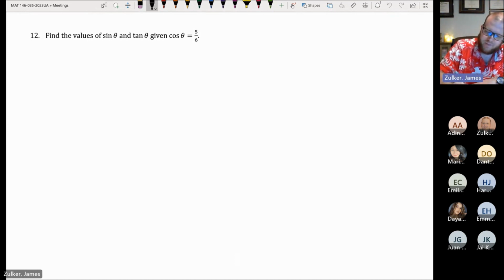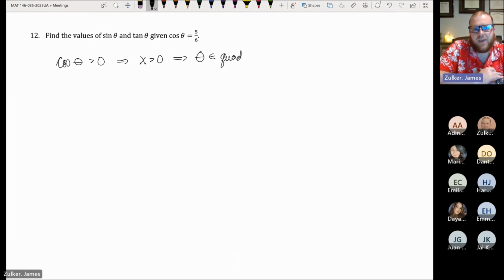Well, cosine being 5/6, cosine is positive, right? That means x is positive. Well, if x is positive, then we're in quadrant 1 or quadrant 4.